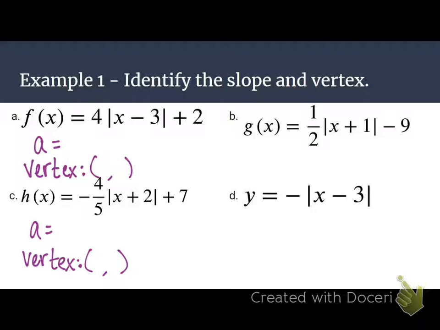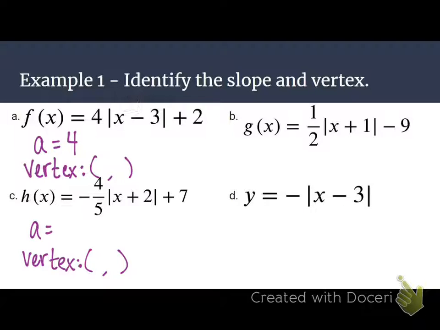So looking at letter A, what do you think our slope is, James? 4. The number in front of the bars is what we use as our slope. What about our vertex? So let's be careful. The x coordinate, we use the opposite of what we see.